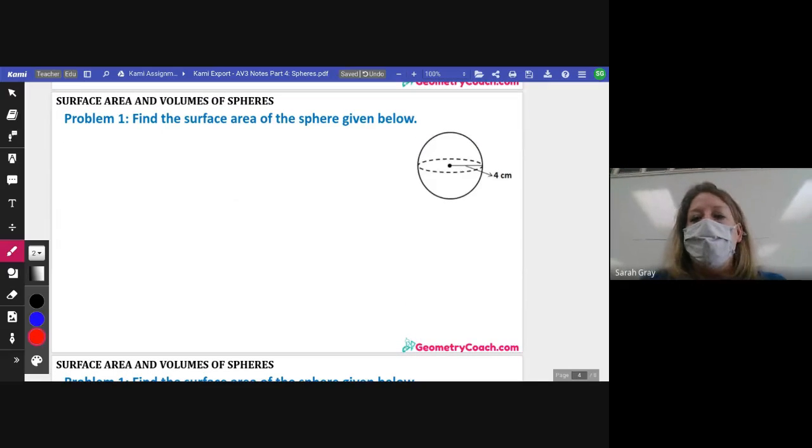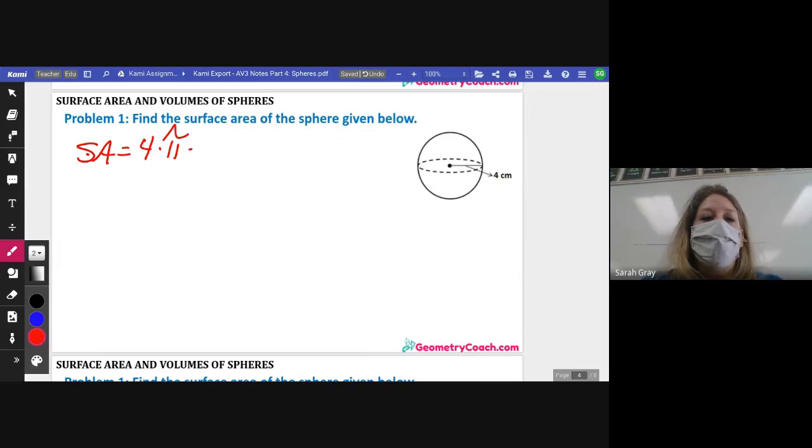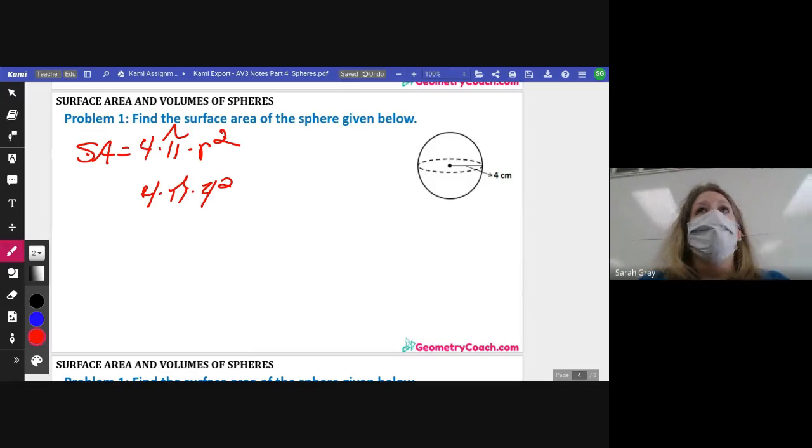All right, so we're going to find the surface area of this guy. Surface area equals 4 times pi times radius squared. Radius is 4. So I've got 4 times 16. 4 times 16 is 64 pi.